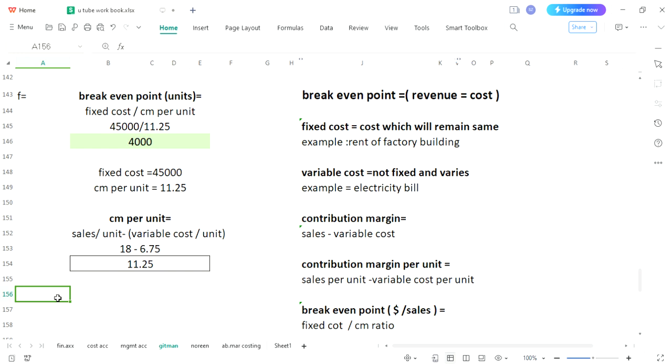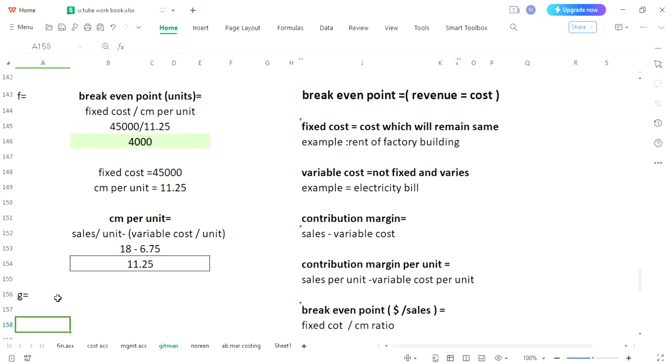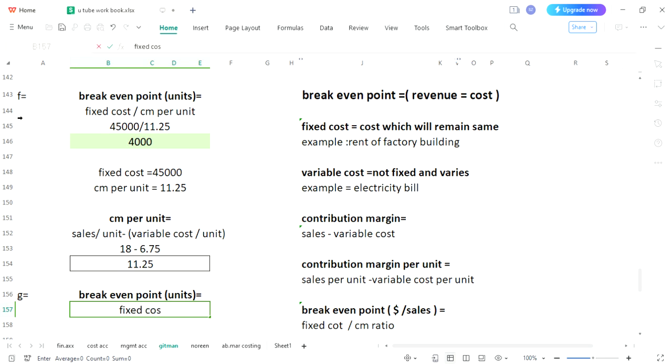So the second firm is G. Yes, G. And we will be doing the same thing. These are the three steps with which you can calculate your break even point. The very first thing is you must know how to calculate your break even in terms of units. For that we have a formula. You need to put fixed cost, and it would be divided by CM per unit.